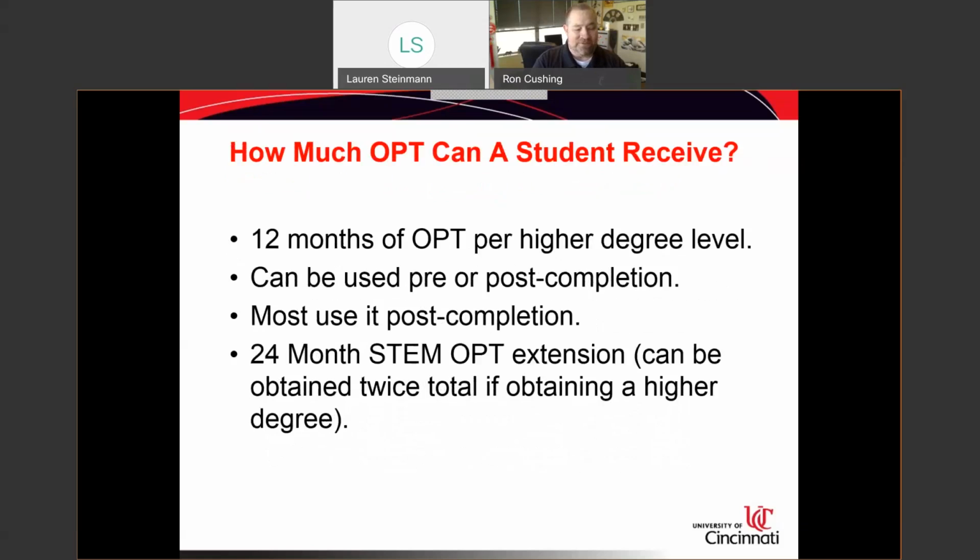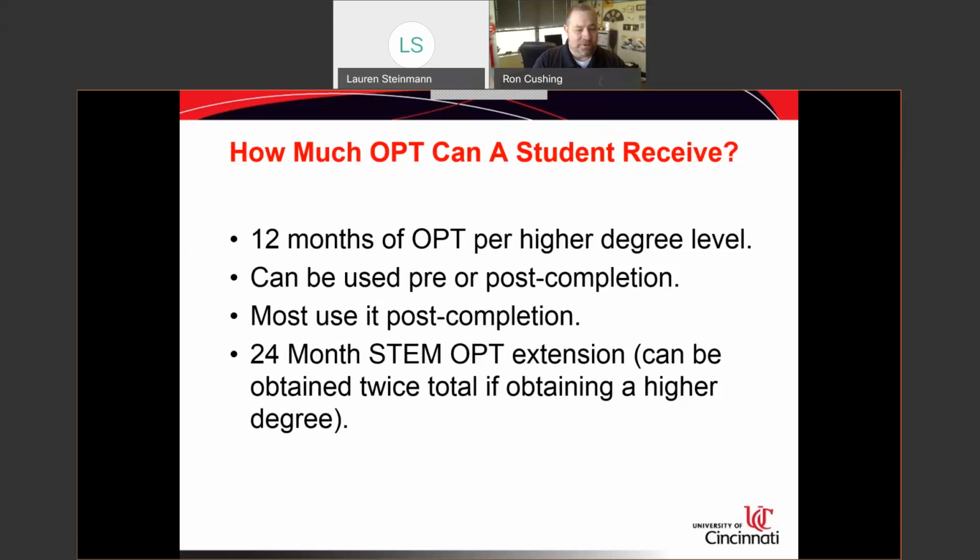You can receive 12 months of OPT for each higher degree you receive. So if you get a bachelor's degree and do OPT, and then you come back and study a master's degree, you get 12 more months of OPT. If you then went on to a doctoral degree, at completion of that, you would get 12 more months of optional practical training.